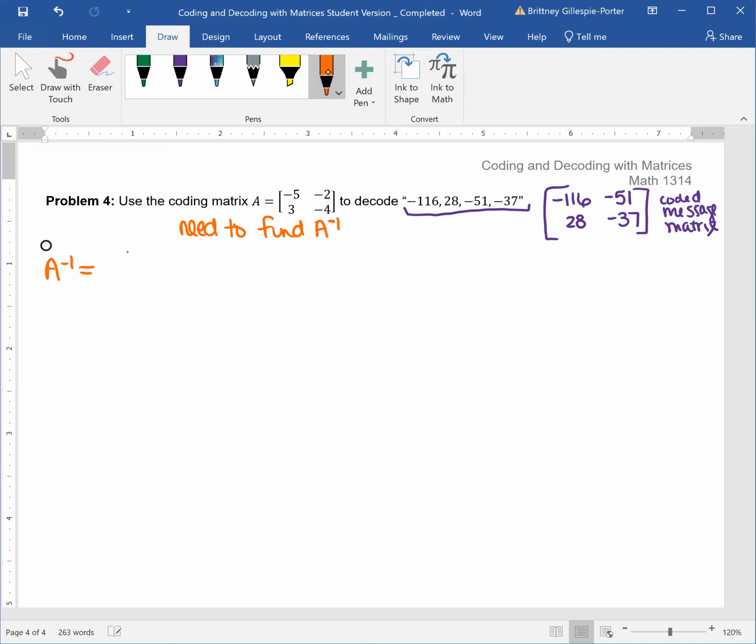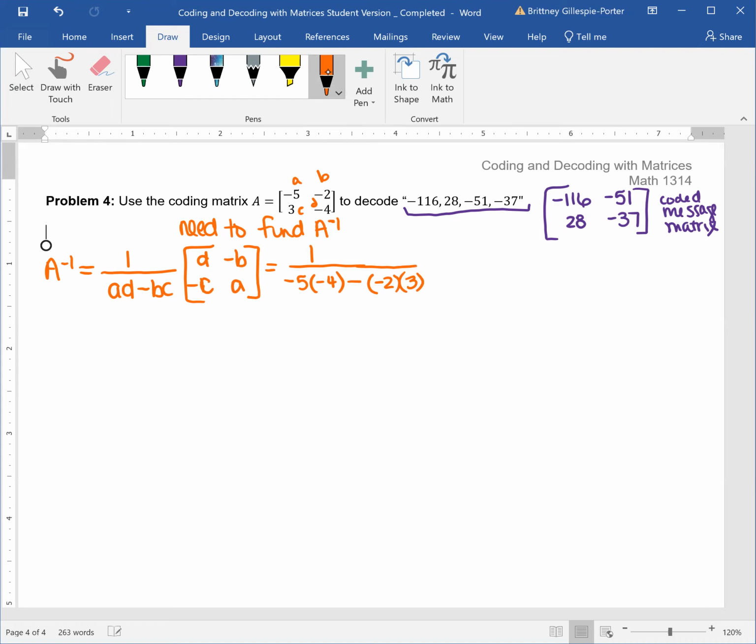So let's find A inverse. Because A is a 2 by 2, we can use our handy dandy formula. The 1 all over AD minus BC times our crazy matrix where D and A flip-flop, and we negate on the backswing, which means we're going to have 1 all over -5 times -4 minus -2 times 3.